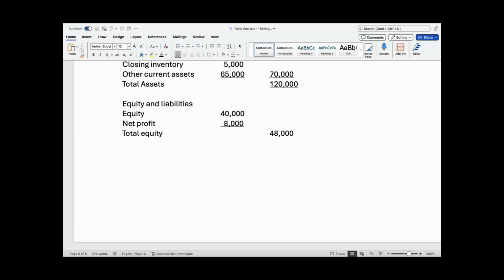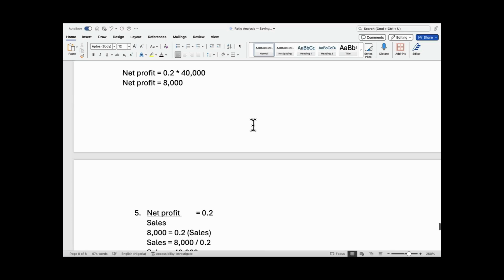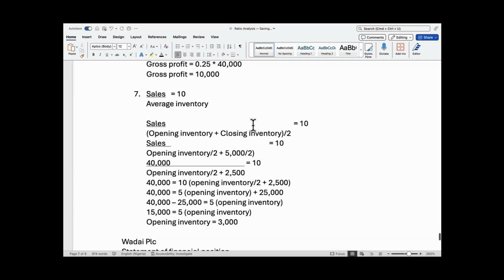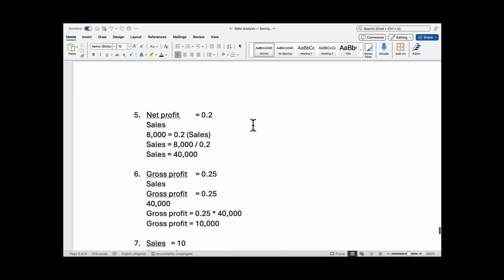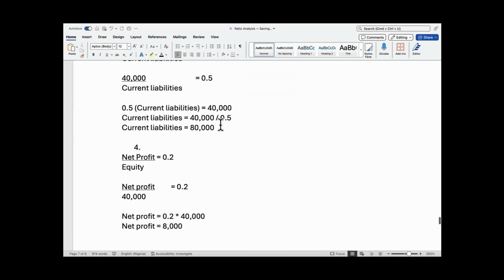Then I don't have any non-current liabilities, but I have current liabilities. How much is my current liabilities? 80,000. My current liabilities here is 80,000, which is 40,000 divided by 0.5.